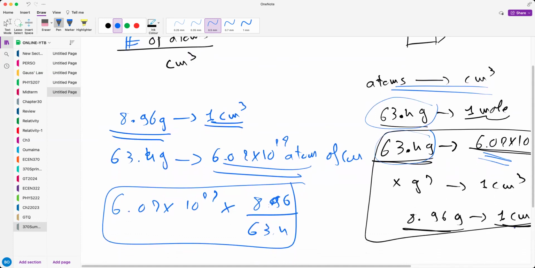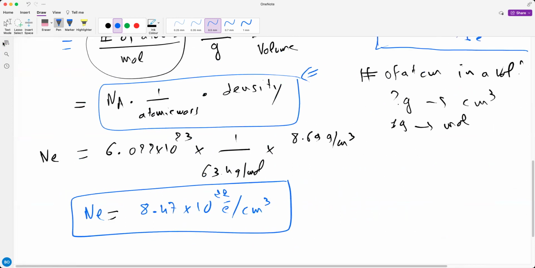But you know that 1 cubic centimeter has this mass. Now you want to know how many atoms in 1 cubic centimeter. So all you have to do is this divided by this. Is this clear? It's clear. Thank you.